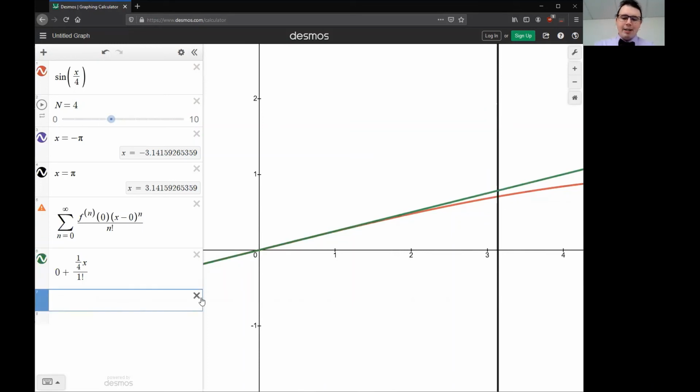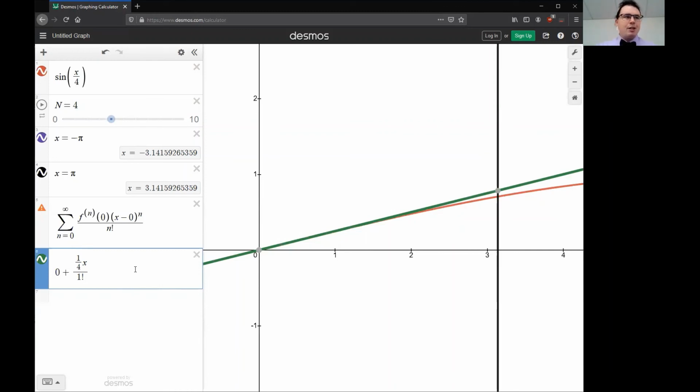Well, what is the difference between those things? Pi over 4 minus 0.707. Well, that's an error of 0.07. That's still too much error for my tastes, just like my formula predicted. So I'll have to add on the degree 2 term.